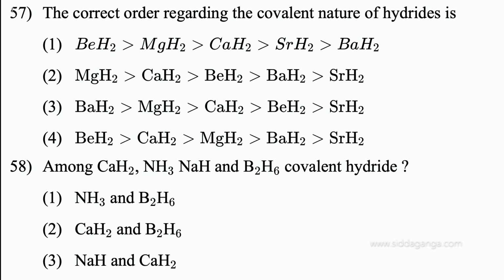Here the covalent nature is dependent on the size. As you go down the group, these are all second group elements: beryllium, magnesium, calcium, strontium, barium. That is the order, right? If you go down, what happens? There is an increase in the size. So option 1 is the answer.